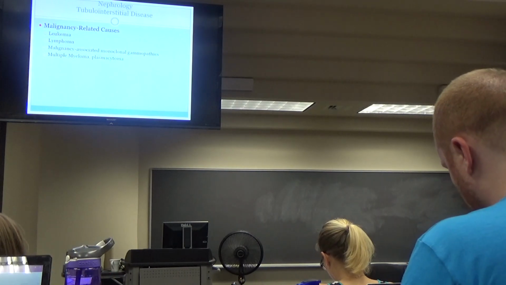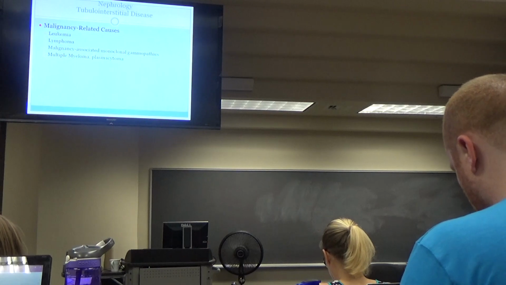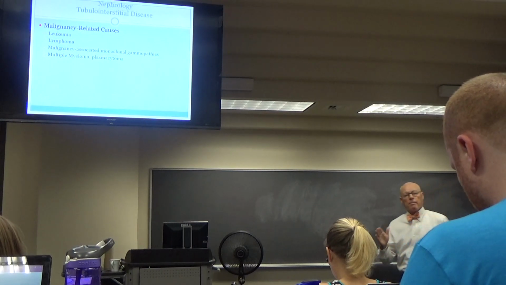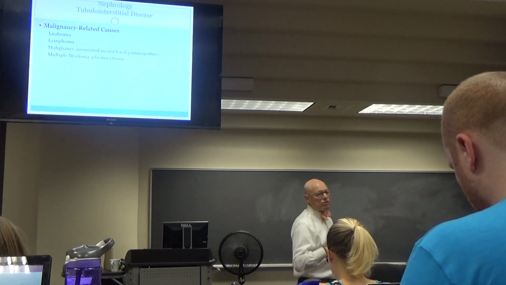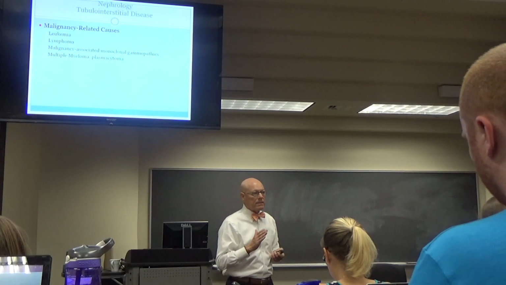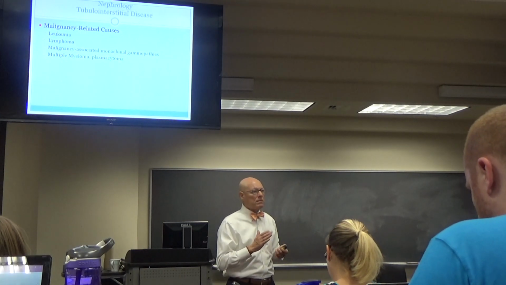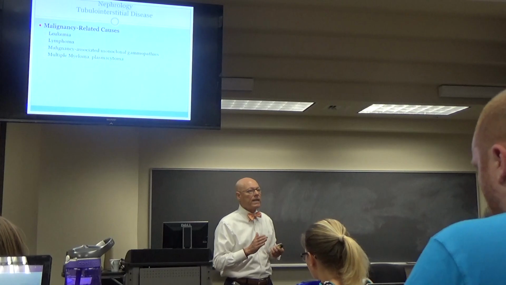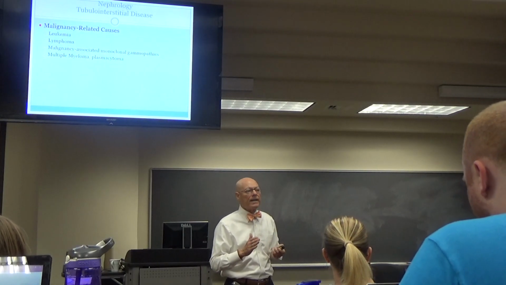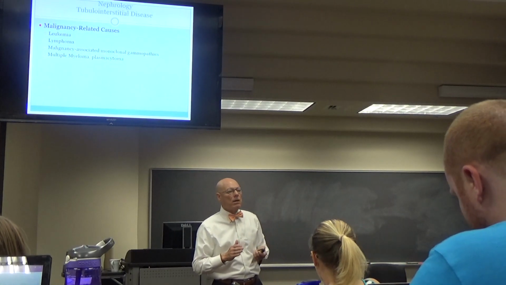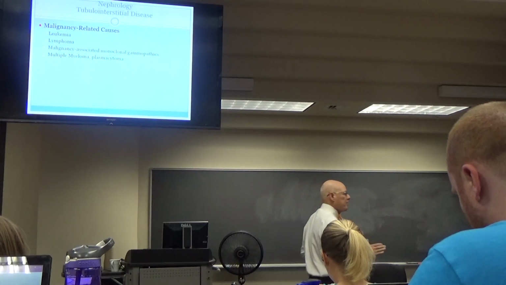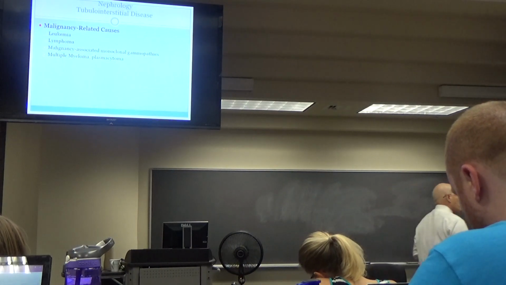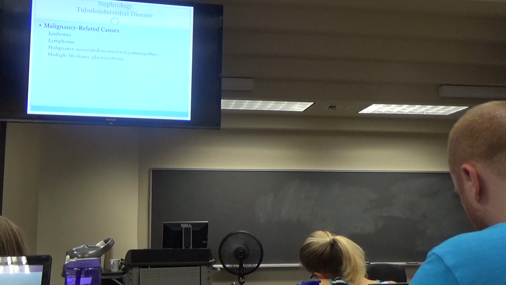And they're called monoclonal gammopathies. Back in the late 70s, early 80s, they were thought to be benign. But as it turns out, almost all monoclonal gammopathies eventually turn into a malignancy of some sort.